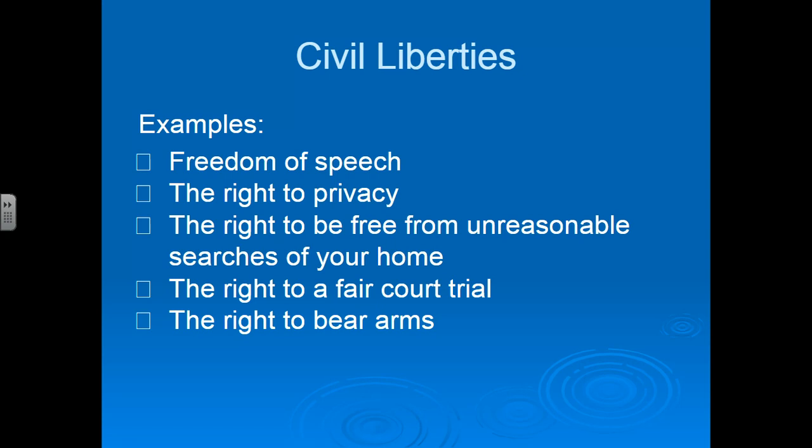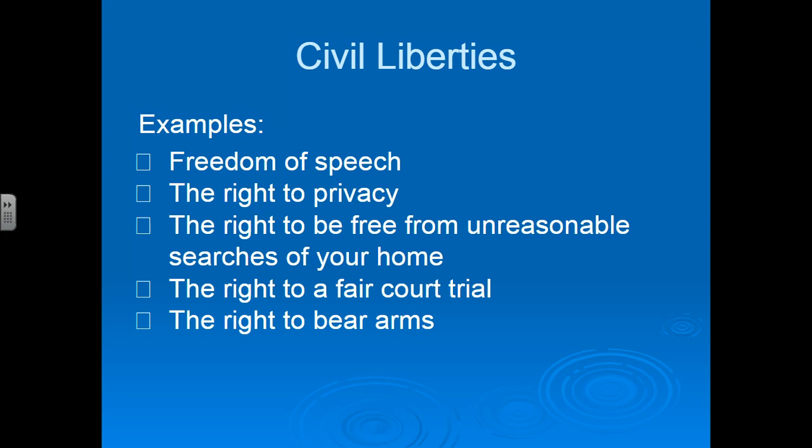So there are several cases like that. Griswold established the right to privacy between married couples, then Roe versus Wade used the right to privacy to establish the right for women to have an abortion, and then Planned Parenthood versus Casey also used privacy to establish the right to use birth control.